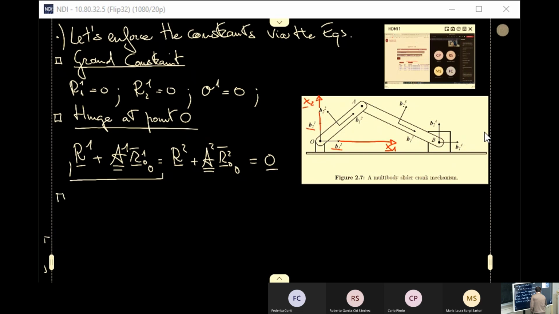Then the hinge at point A. That's just the same, so I will go through it very quickly.